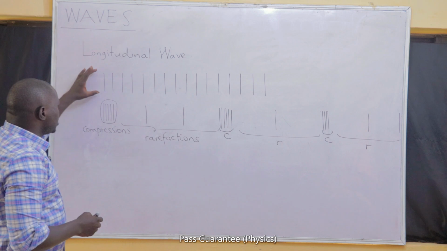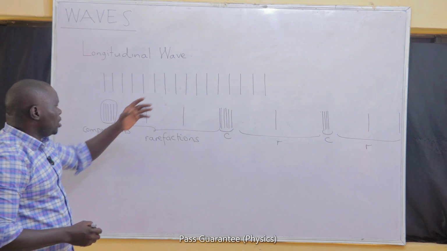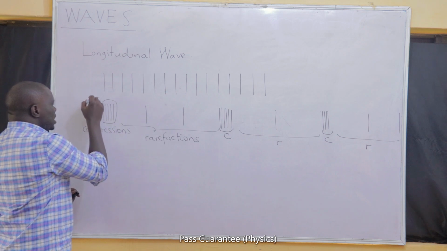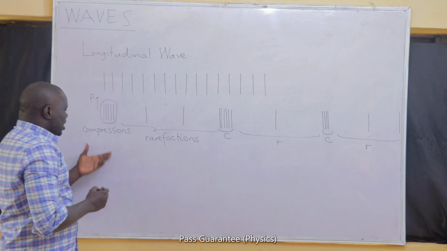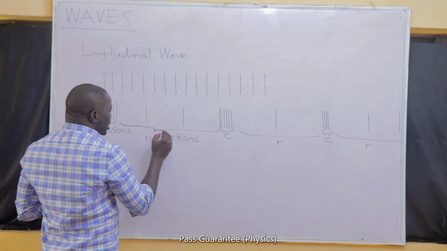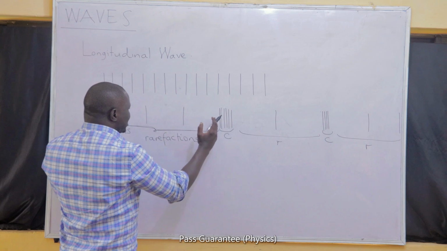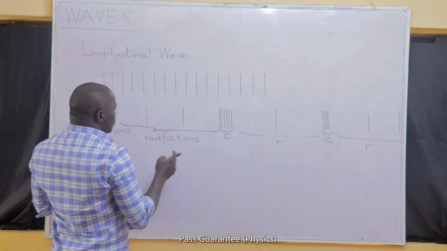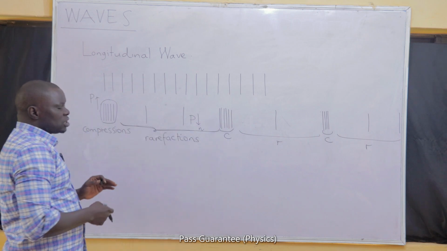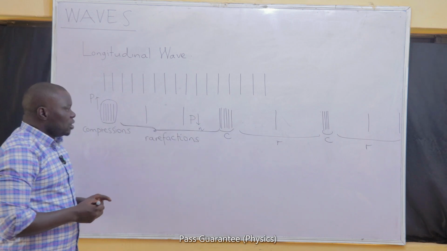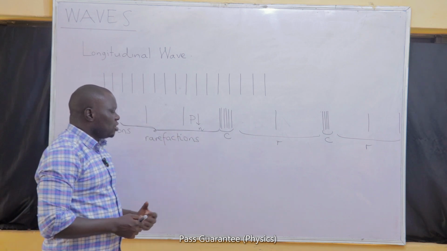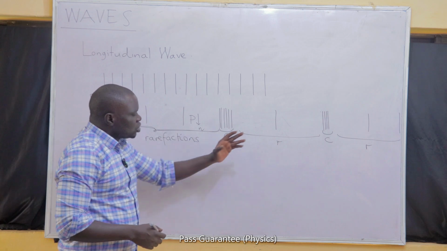But the moment you have them clustering together, the pressure here is higher. The other regions are now spaced out and much more relaxed than even while they were in the normal state, so the pressure there is less than normal. The pressure in the compressional regions is greater than normal, while the pressure in the rarefactional regions is less than normal. So that is what we can use to describe longitudinal waves.